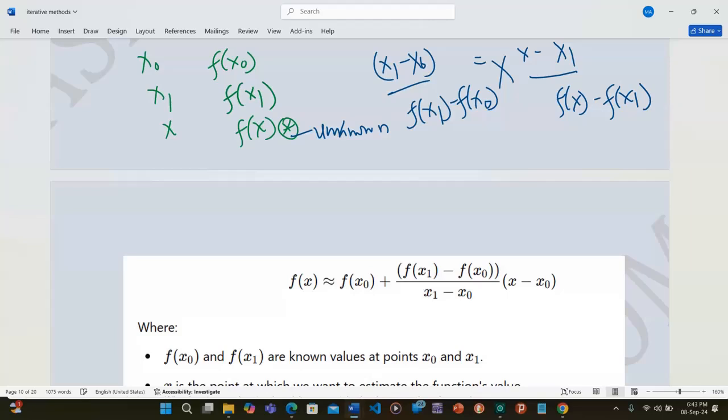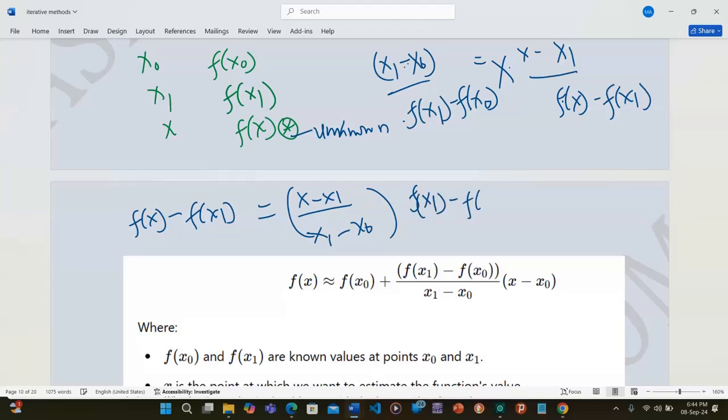I bring f of x minus f of x1 this side. Then I bring this here so that I have this equal to x minus x1 divided by x1 minus x0 into f of x1 minus f of x0.